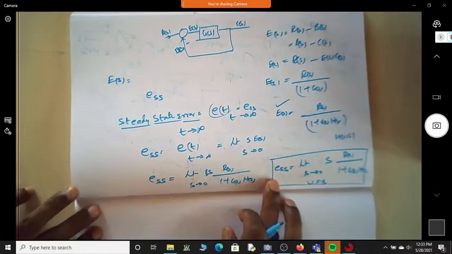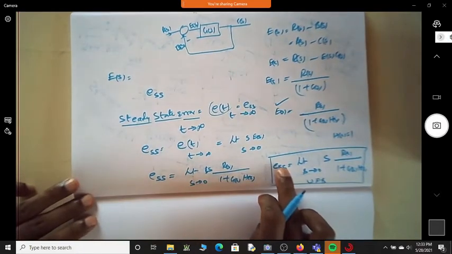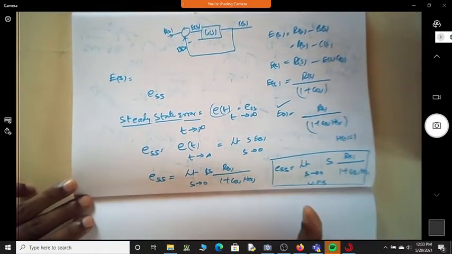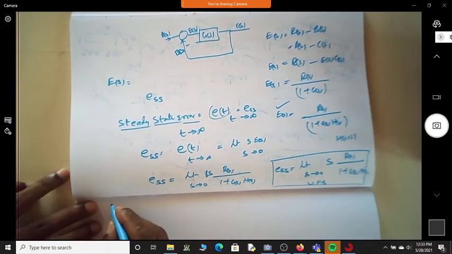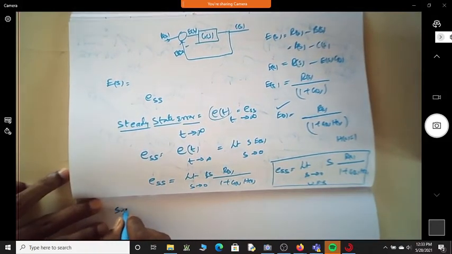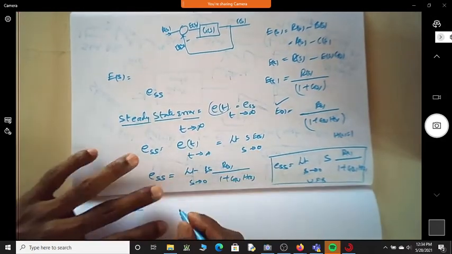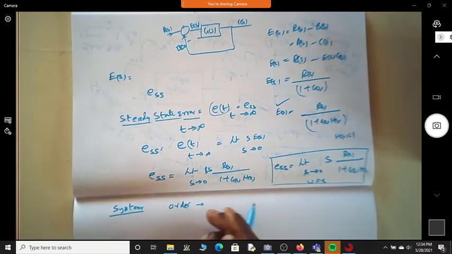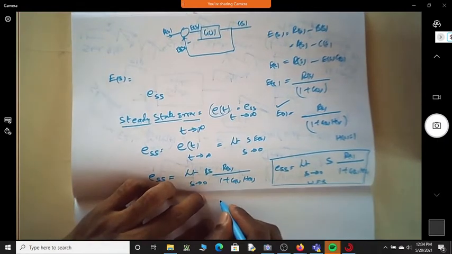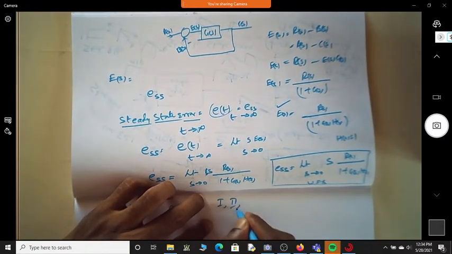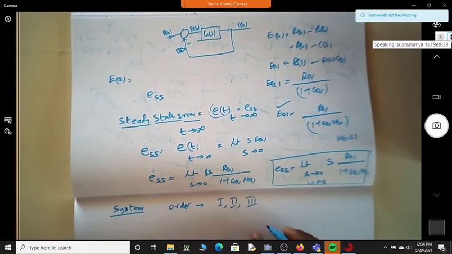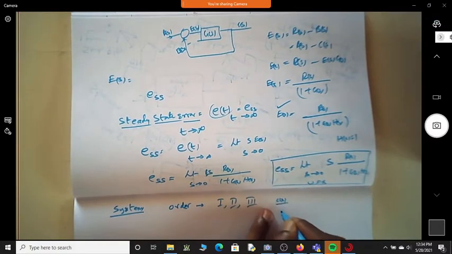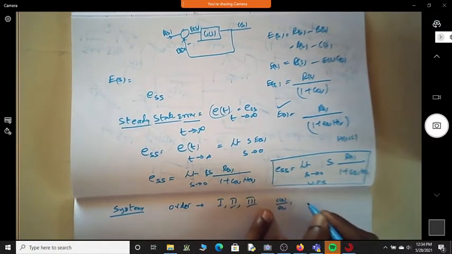So now with this expression for steady state error, let us look at systems. What are the different types of systems we have? I think we know what we mean by order of the system. How do we define the order of a system? We know first order system, second order system, third order system. It is nothing but C(s)/R(s).